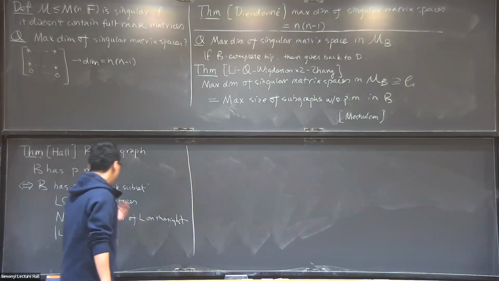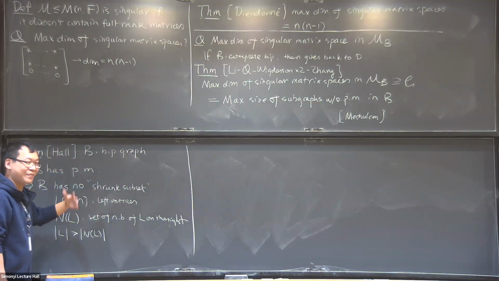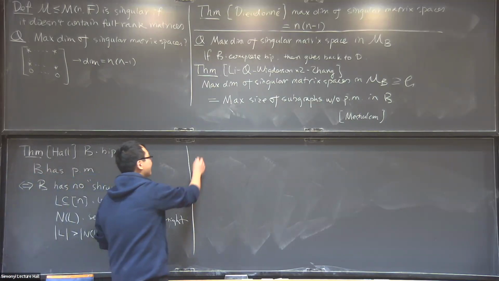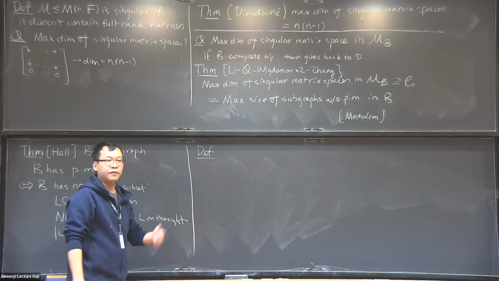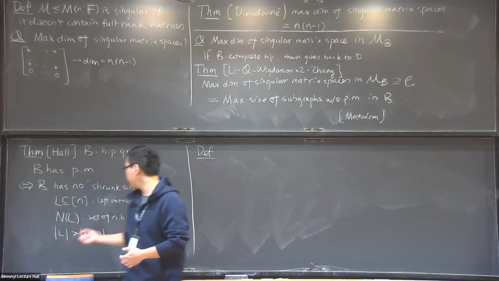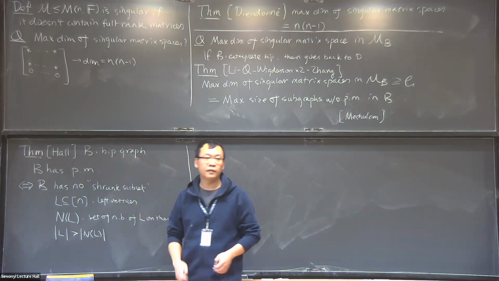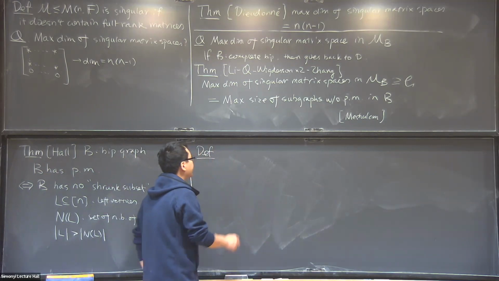Now we can define something similar in the matrix space setting. In the matrix space setting, we are going to define an analog of shrunk subset, which we will call a shrunk subspace.